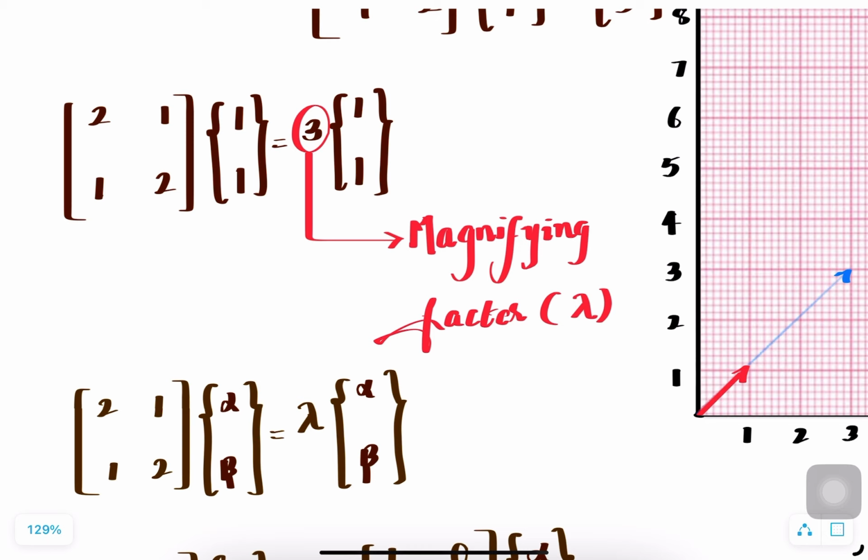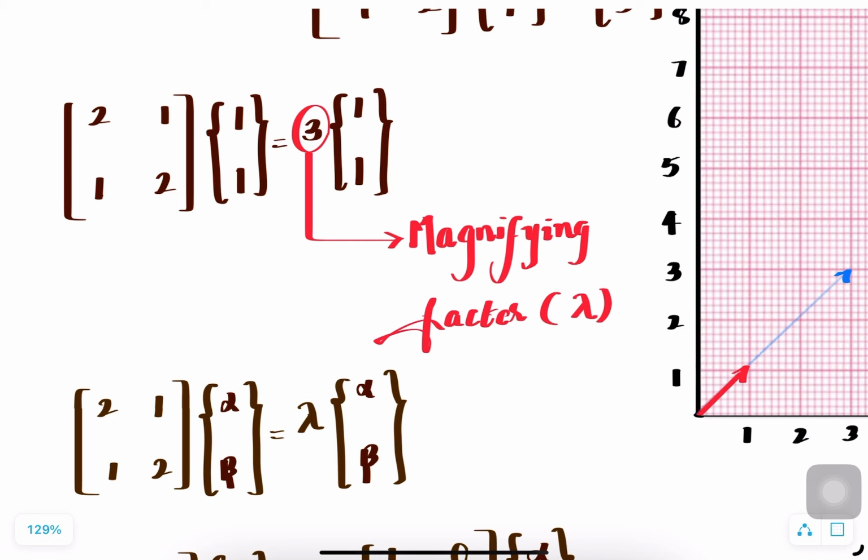And we also do not know what the vectors are. So those vectors are called Eigen vectors. So this 1, 1 vector, initially we don't know whether it is a 1, 1 vector or whether it is a 2, 3 vector. So we don't know. So we will say that it is alpha, beta.